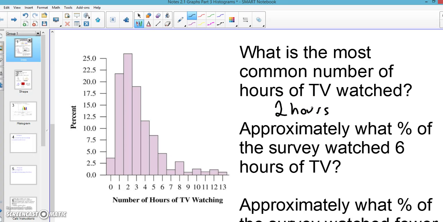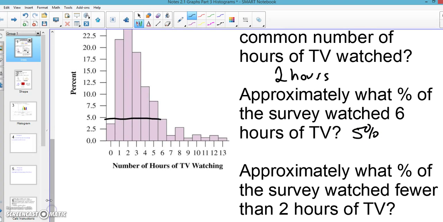Approximately what percent of the survey watched 6 hours of TV? Find the 6-hour bar, see where it matched up on the y-axis, and find that that would be about 5%. And then approximately what percent of the survey watched fewer than 2 hours of TV?